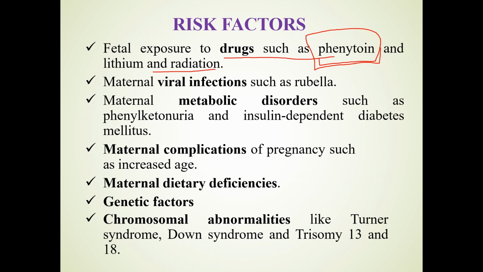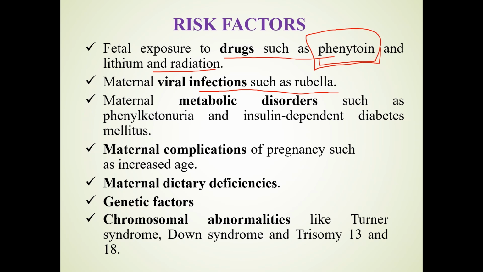The next is radiation exposure. If the mother is in contact with high dose radiation therapy, then it will lead to damage to the rapidly dividing cells which will lead to mutation in the cells. Then next is maternal viral infection such as rubella infection, cytomegalovirus infection or herpes simplex virus.